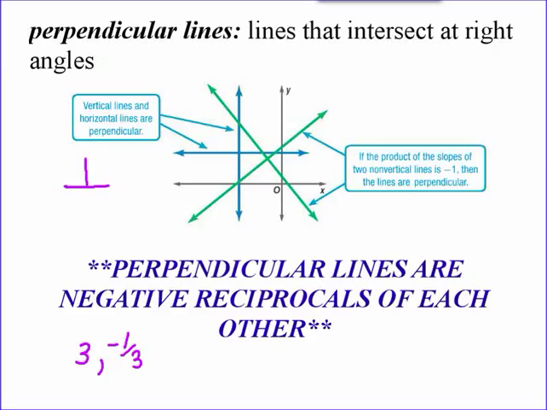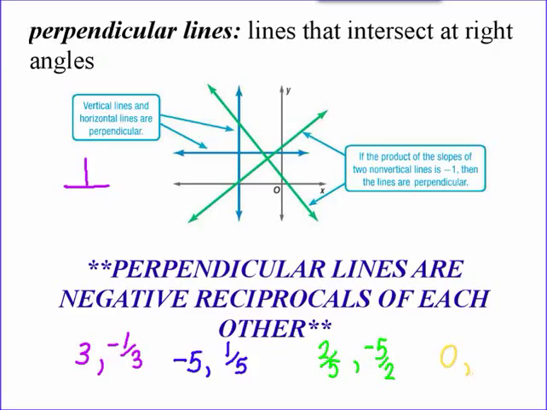Let's go through that again. If a line has a slope of -5, what would the line perpendicular to that be? 1/5. If a line has a slope of 2/5, what would the line perpendicular to that be? -5/2. If a line has a slope of 0?